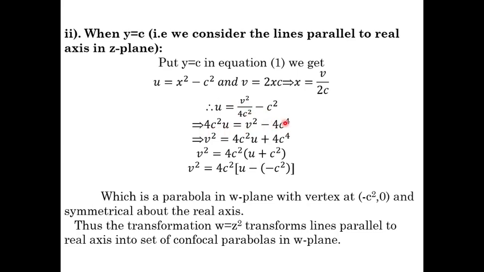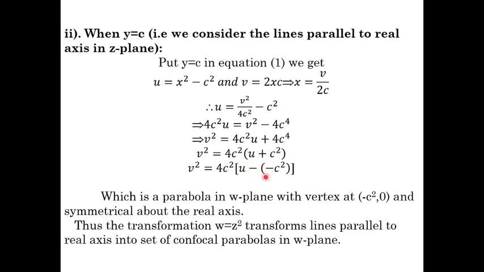Now write this in the standard form of the parabola equation. v² = 4c²u + 4c⁴. On the RHS, what is the common factor? 4c². So take 4c² outside, and the remaining is u + c². Now this is in the form of the standard equation of a parabola: (v − 0)² = 4c²(u − (−c²)).